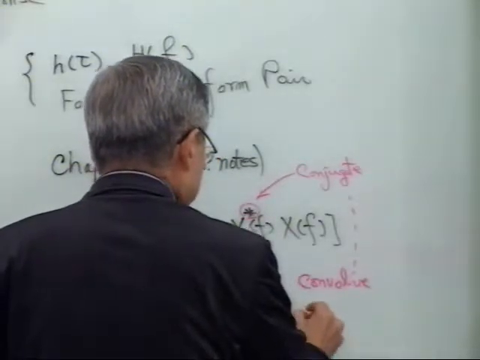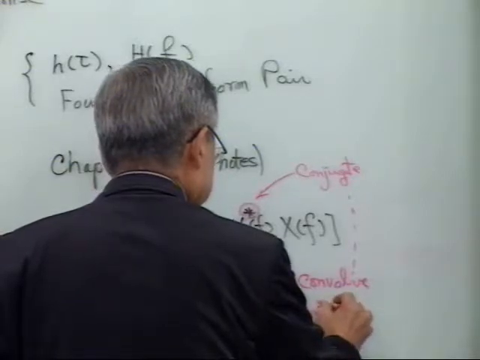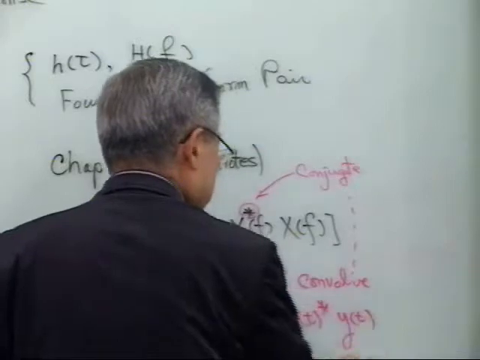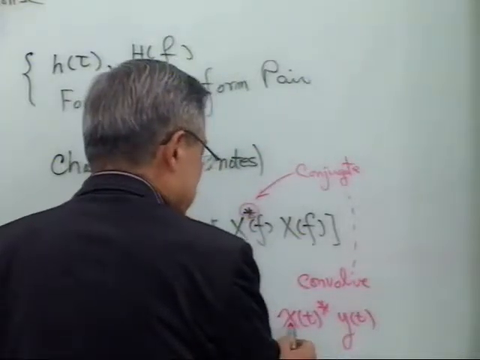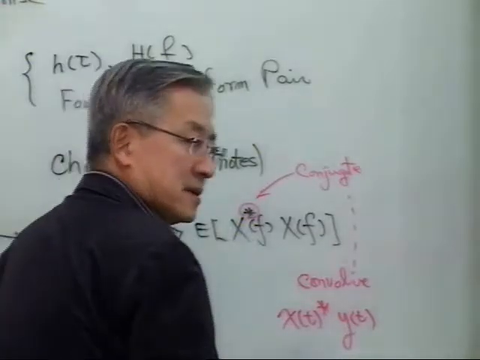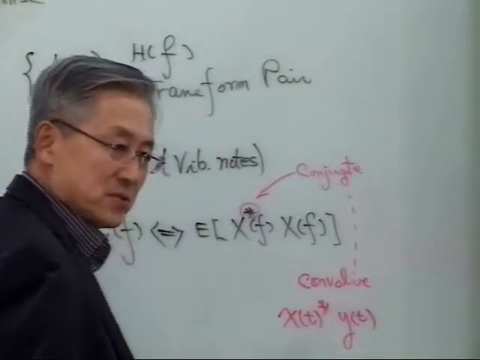For example, X star Y reads like this: X convolved with Y. Okay, that's another meaning I'm going to use.